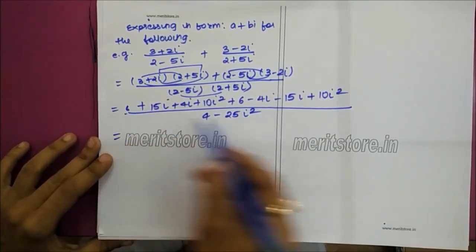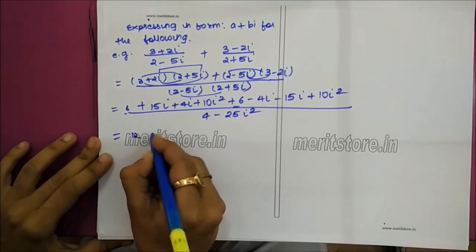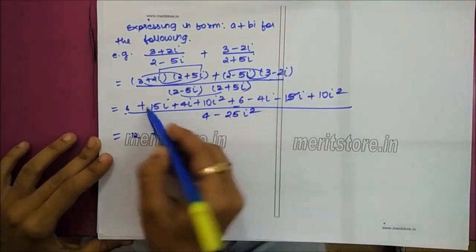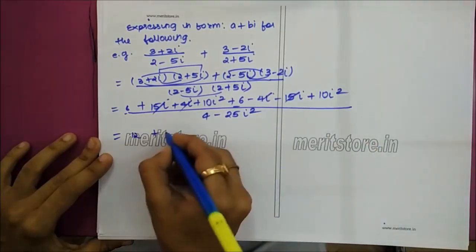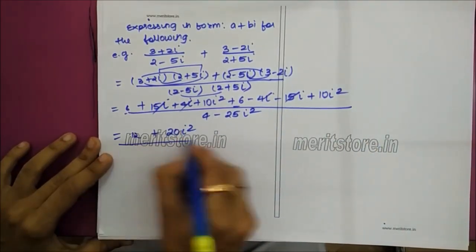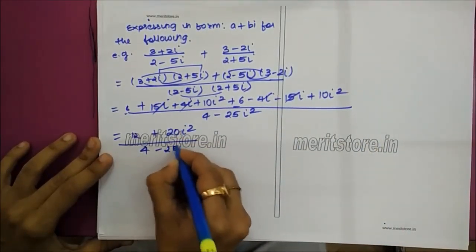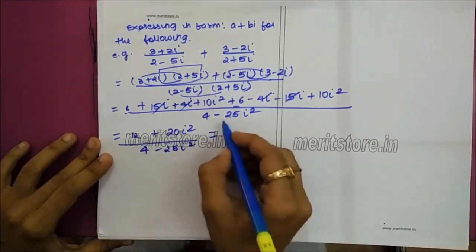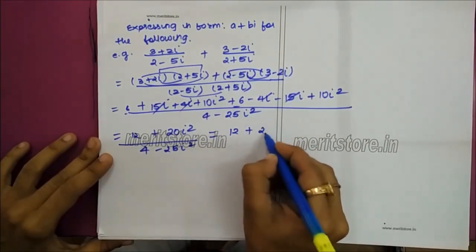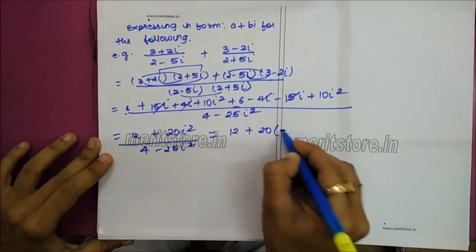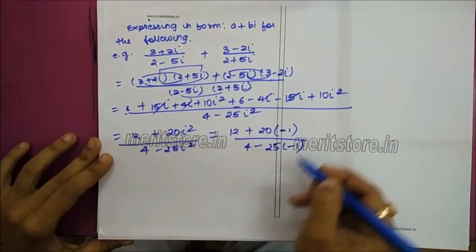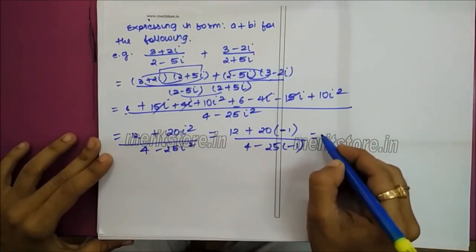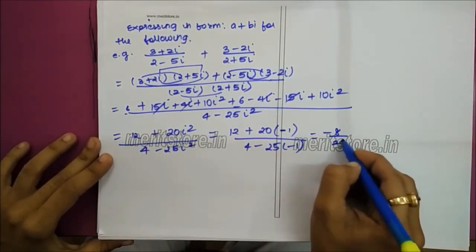Solving, 6 plus 6 is 12, 15i minus 15i gets cancelled, 4i minus 4i gets cancelled. Here you get 20i square upon 4 minus 25i square. 12 plus 20 into i square is equal to minus 1. Again, 4 minus 25 into i square is equal to minus 1. That is minus 8 upon 29.